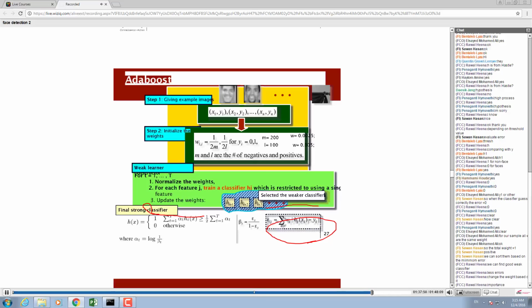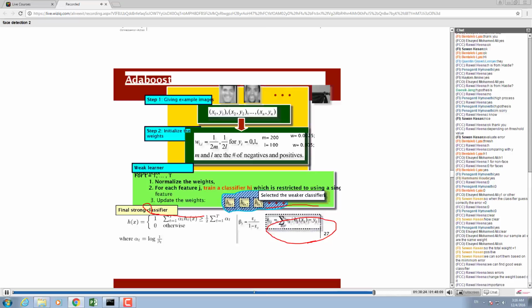So in this green box, steps 1, 2, 3. Normalize weight. After it is updated, it should be normalized again, because the update does not guarantee that the sum of the weights is 1. So we normalize, and then we calculate the error again in step 2, select the best one again, and then update the weight again. This is a for loop.